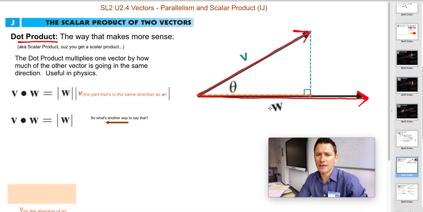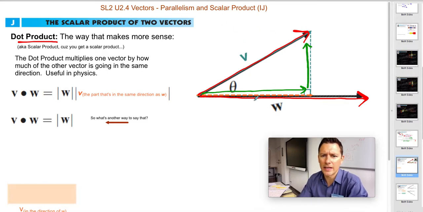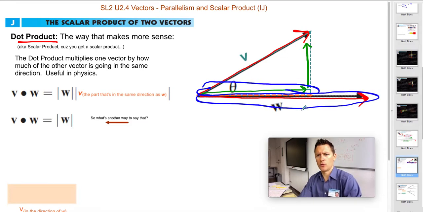And it really depends on how much of V is in the direction of W, right? Because partially V is in this direction, but partially V is in this direction. And so we're really only taking into account this component of V and all of W, right, to see how much is in the W direction.